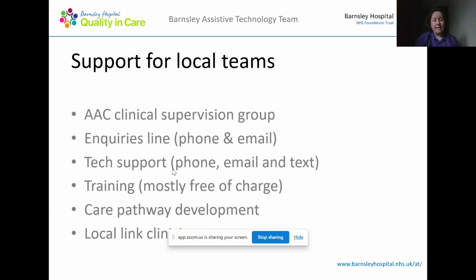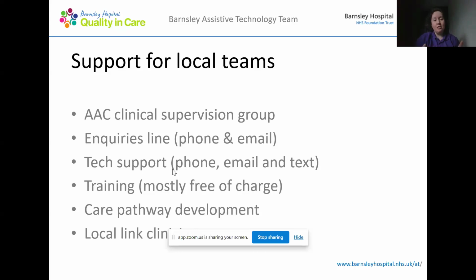Training as well, we offer training. We help local services sometimes with their care pathway development. They might need some advice on ideas, for example, how would you recommend getting local funding or maintaining equipment. So we were recently involved in a project around helping local services have a bank with a loan.